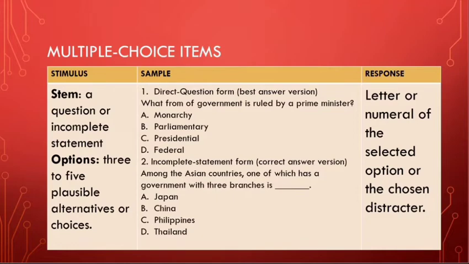A stem could also be an incomplete statement, as in number two: among the Asian countries, one of which has a government with three branches, and that is blank. That is an incomplete statement form of stem. Now, your options could be labeled with letters or numerals for the chosen distractor. So that's an example of a multiple choice type of test.